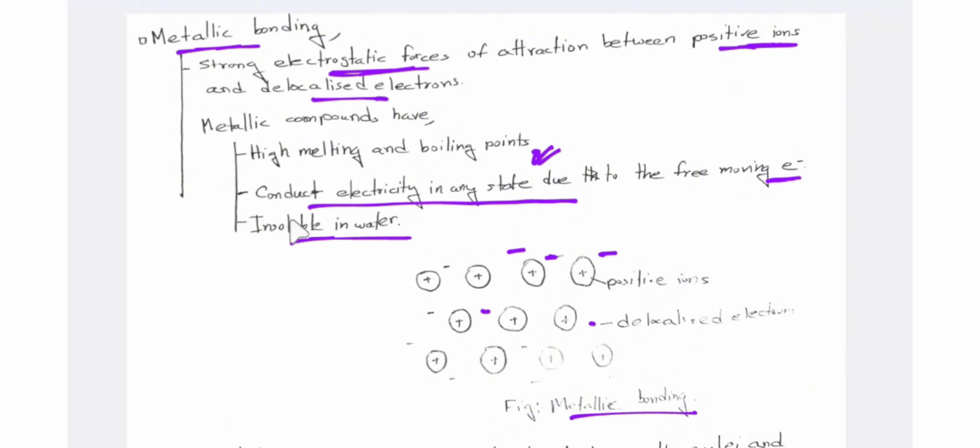So for metallic compounds, there are strong electrostatic forces of attraction between positive ions and delocalized electrons, high melting and boiling points, conduction of electricity because of free moving electrons, and insolubility in water.